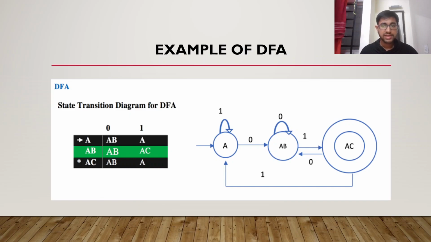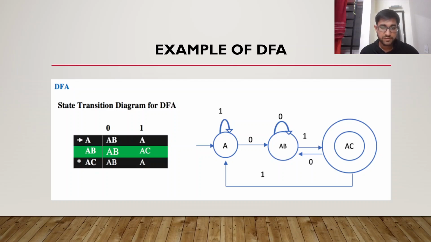Let's consider an example of DFA. In this example, we can see that each state is having some input symbol. Like, what does it mean? In this example, we can see that each one is giving a transition of 1 and 0. A, when given a transition of 1, gives a self loop.